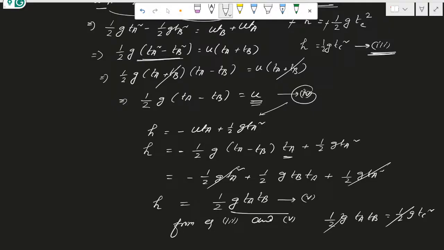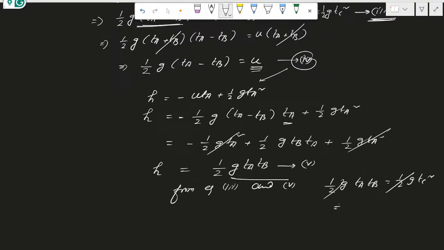So half g gets cancelled, so tc square is equal to ta into tb, therefore tc is equal to the square root of ta into tb.